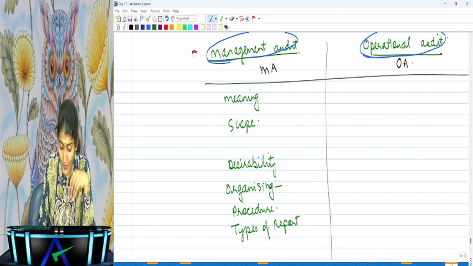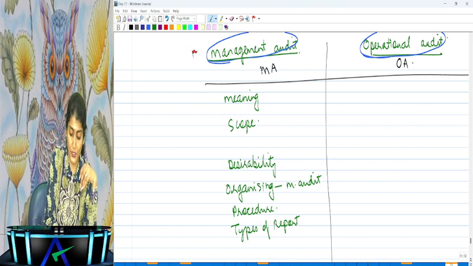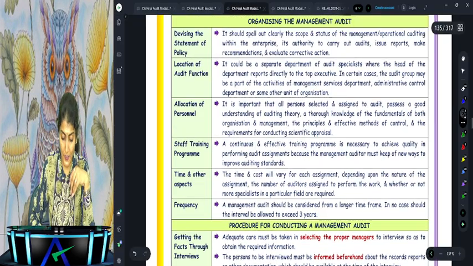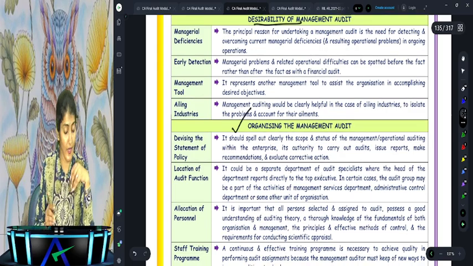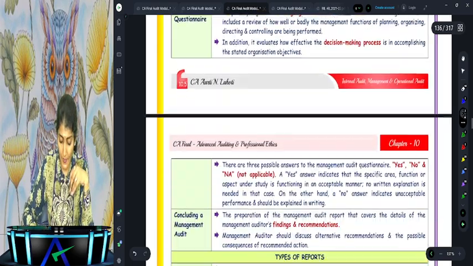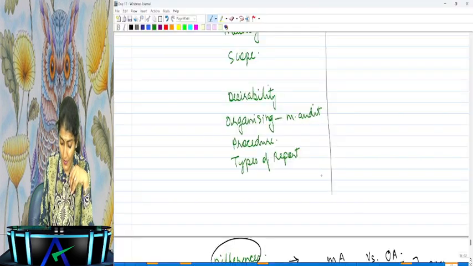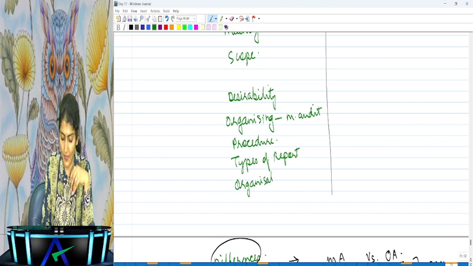One, you organize the management audit, and second, you organize the management audit report. So another question is regarding the organization of the report.